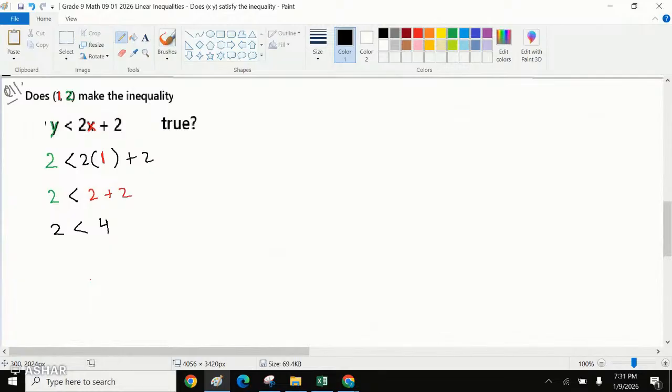Can we say that 2 is less than 4? Is it a true statement or is it a false statement? Is the number 2 less than 4? Yes, it is. This is a true statement. Okay, so we can say 1 comma 2 satisfies the given inequality.